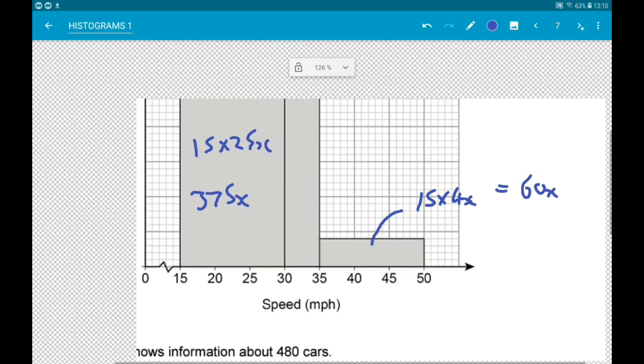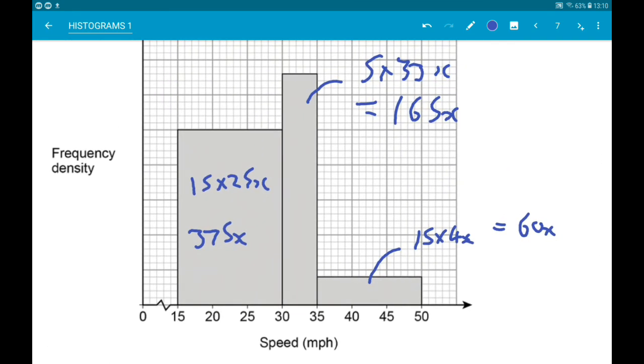The reason for doing that is that we can now work out an expression for the total number of x. We know that has to equal 480.